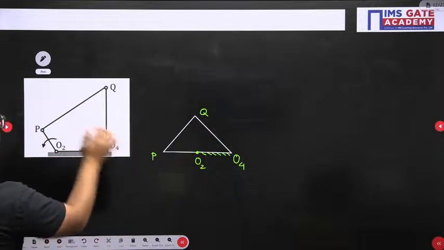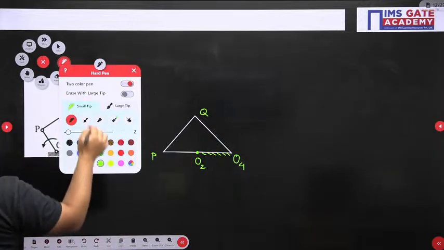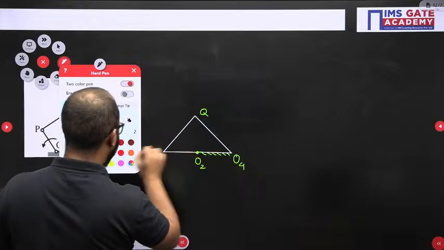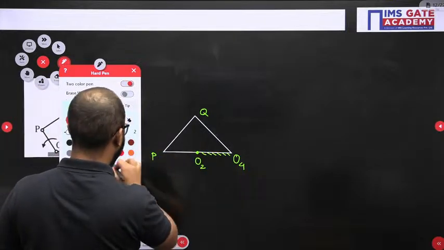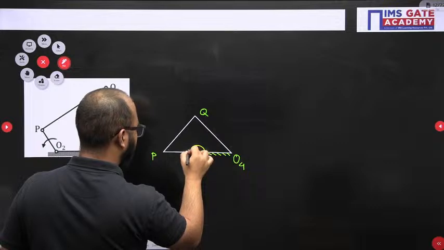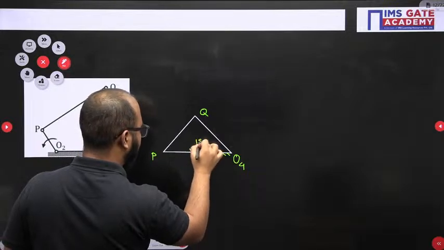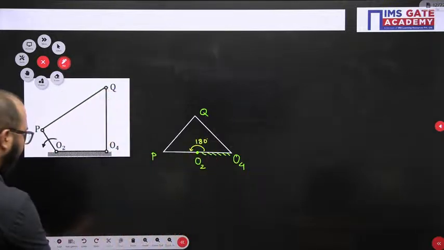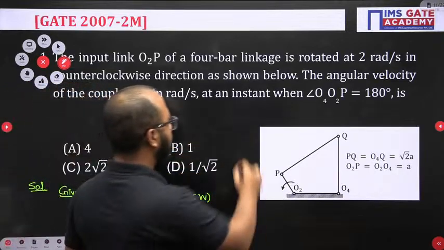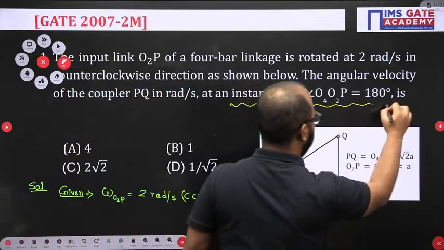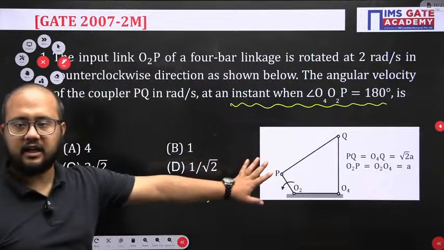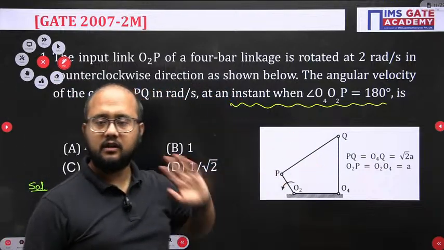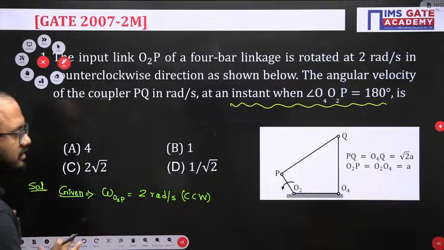So we have drawn the correct configuration diagram. The angle becomes 180 degree as per the information given. This was the condition for this configuration diagram, and for that configuration we have drawn the correct diagram.